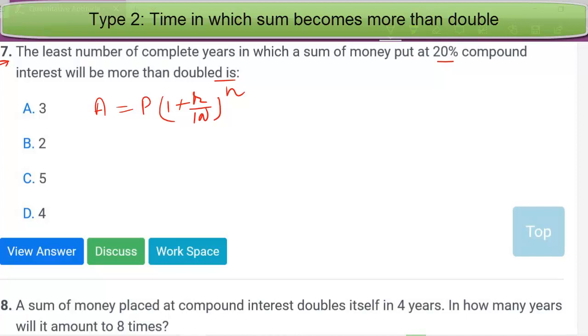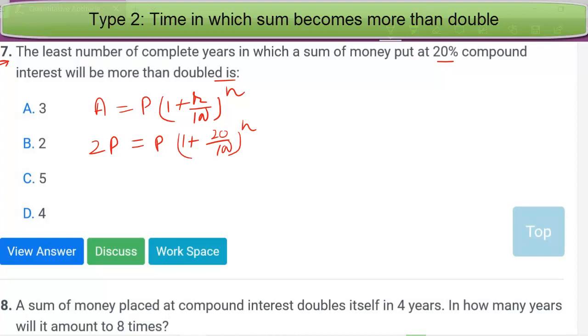So if it becomes double, the amount will become 2 times the principal. So if the amount becomes 2P, that will be P times 1 plus 20 by 100, raised to power n.